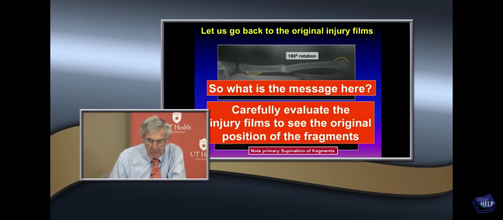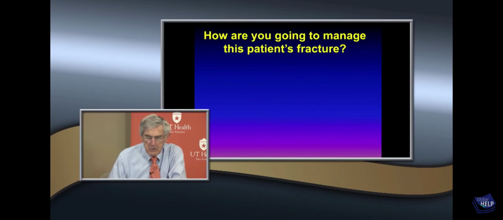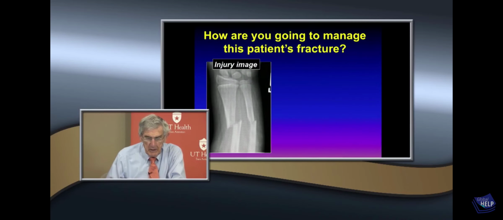So carefully evaluate to see the original position of the fragments. That may give you a clue what you have to do. Remember, that proximal fragment is the king fragment, and you have to take the distal fragment and bring it to that.